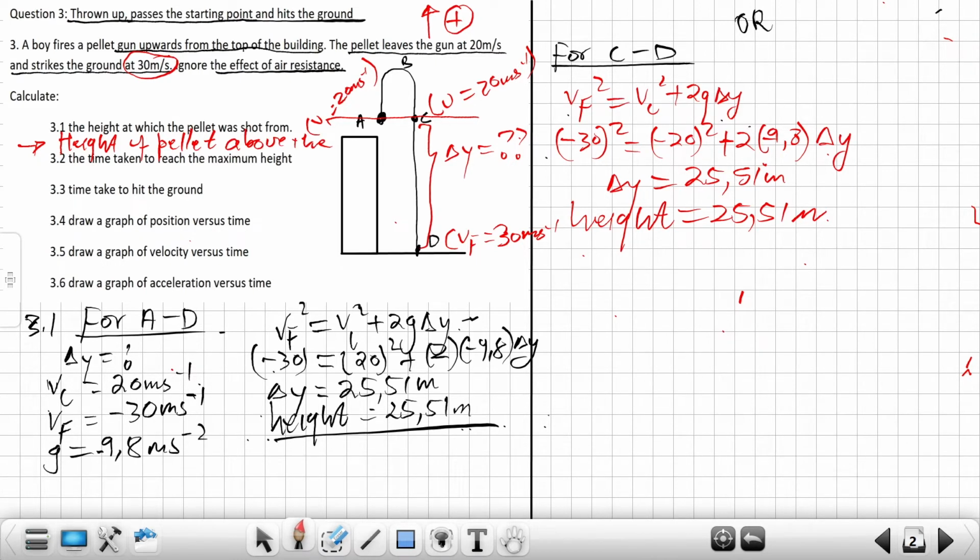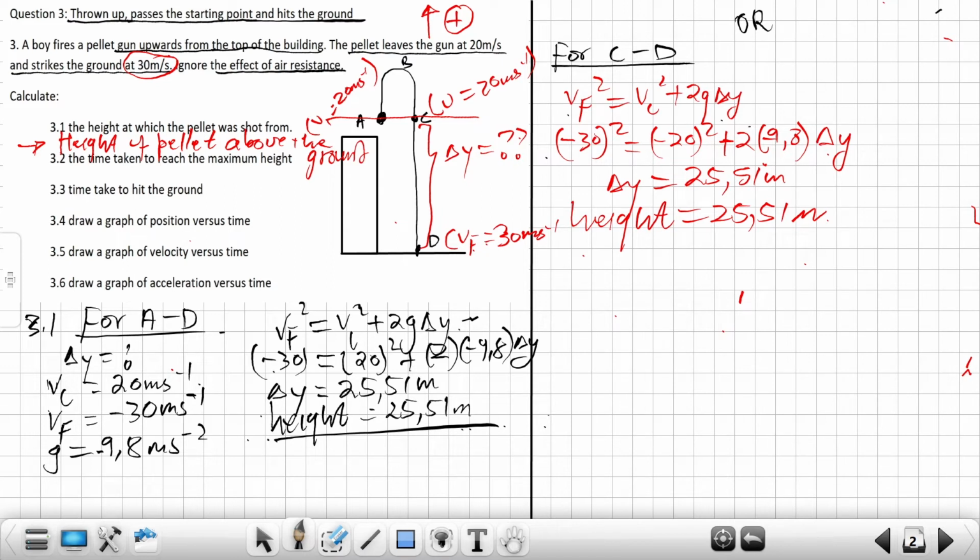I'm adding this just to emphasize what is happening here. So CD is the height at which the pellet was shot, but I want to know, above the ground, what is the maximum height that the pellet reached. I'm going to add that just for us to understand exactly what is happening.